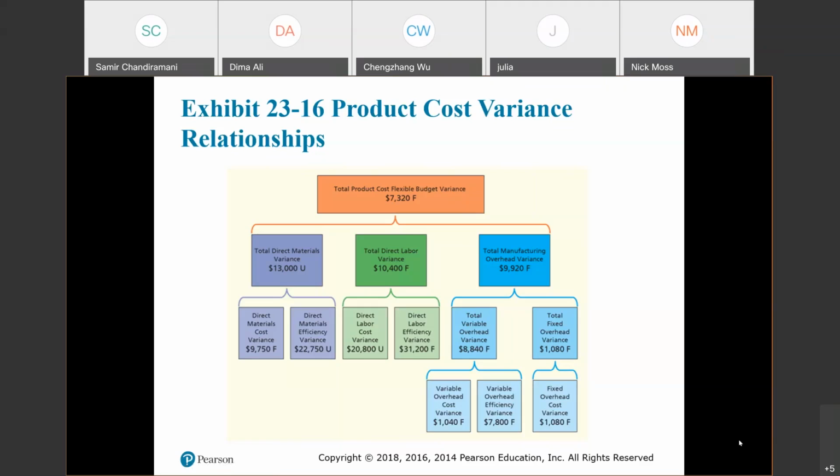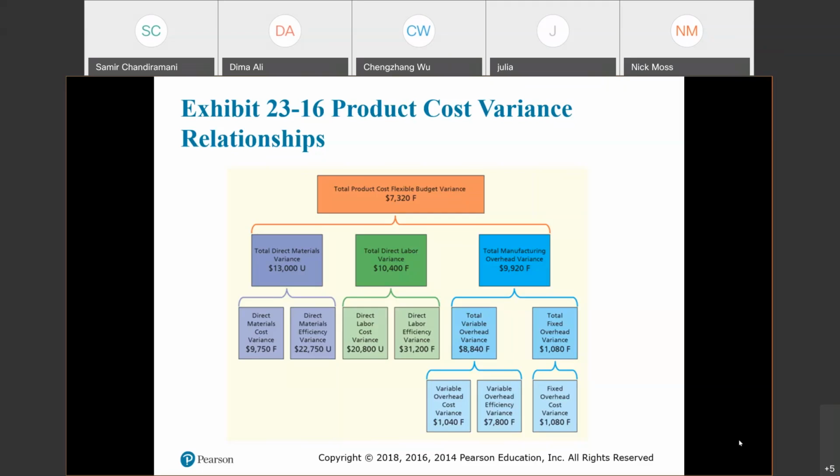It shows how allocating fixed costs on a per unit basis causes a difference between budgeted fixed overheads and allocated fixed overheads.